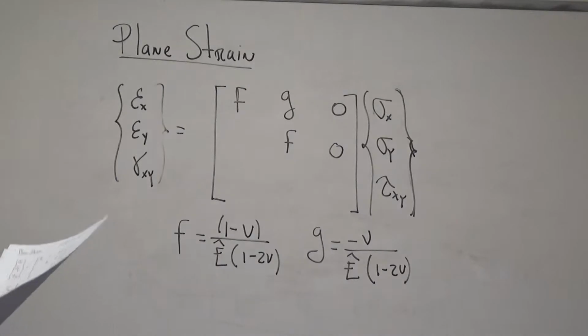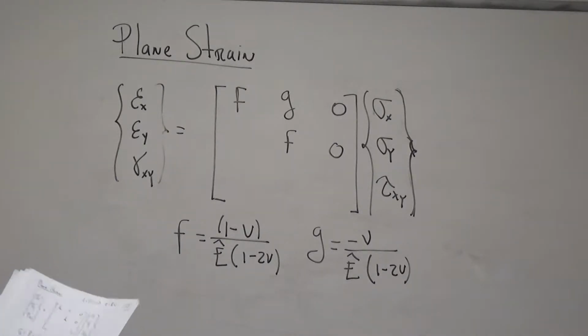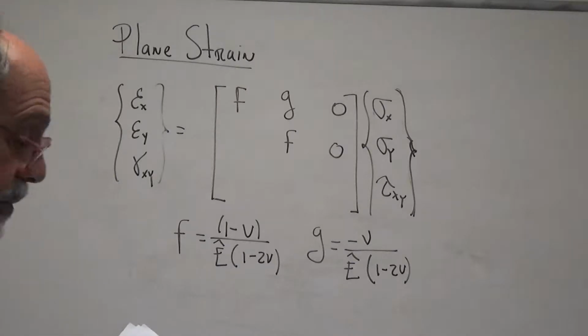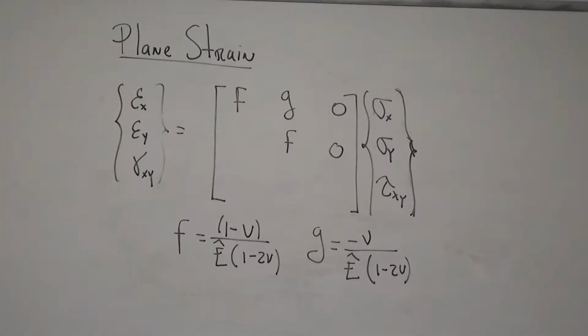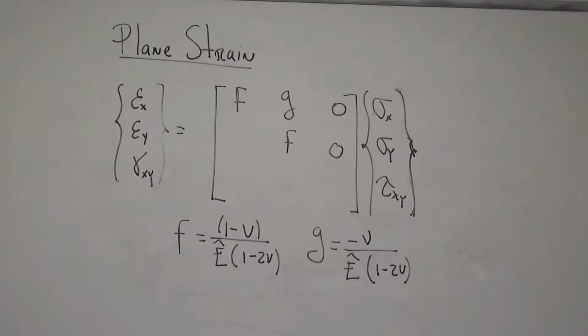All right? Plane strain. So those are the formulas. That's the summary of the formulas for relating stress to strain and strain to stress in plane stress and in plane strain, and they are particularizations of the overall three-dimensional problem.